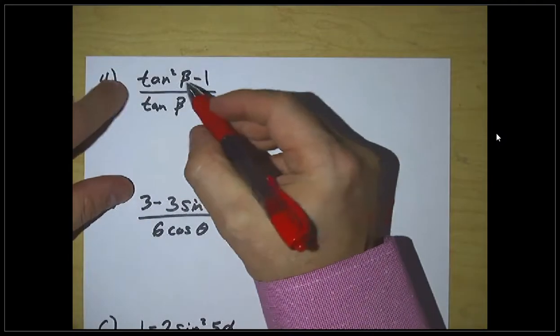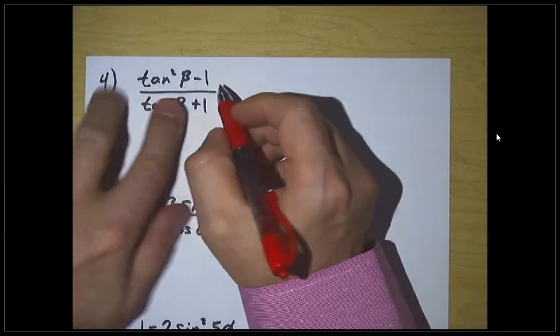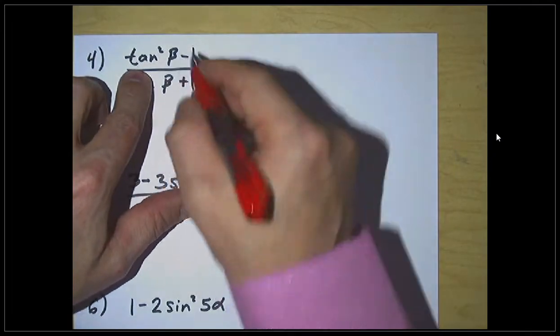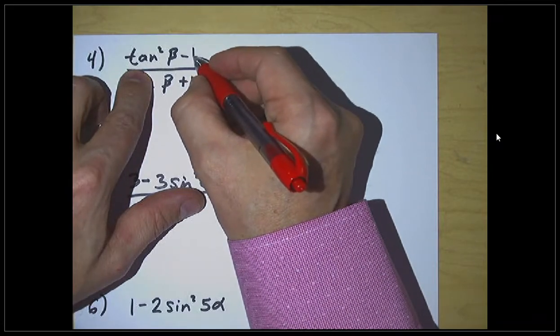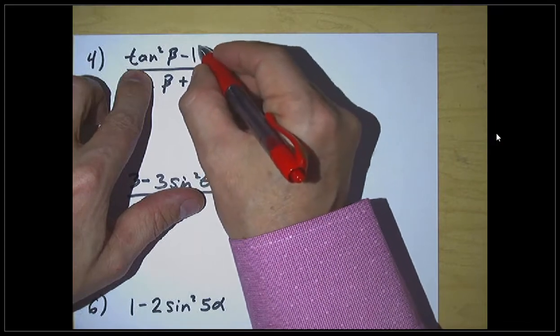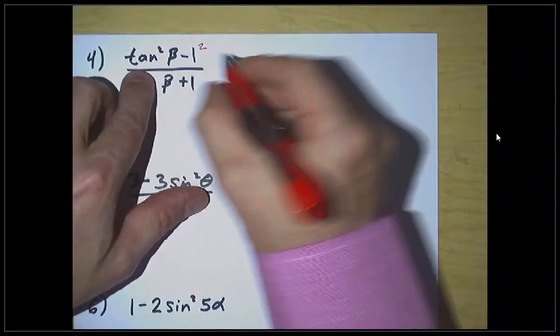Number 4, I have tangent squared of beta minus 1, over tangent beta plus 1. What you should recognize with this particular problem is that we have the difference of squares. In fact, anytime we have a 1, this 1 could be 1 raised to any exponent. I'm going to raise it to the exponent of 2, which obviously is now a difference of squares.